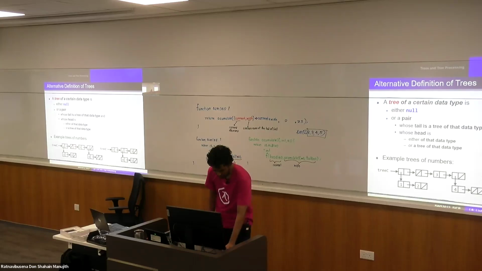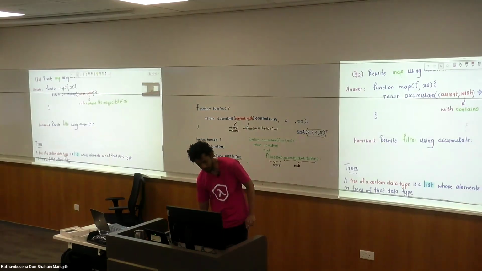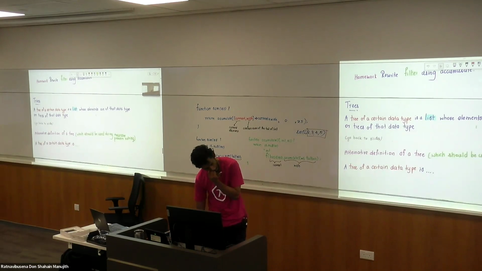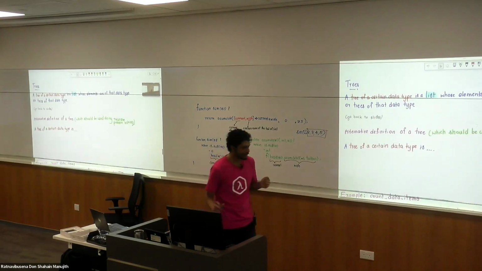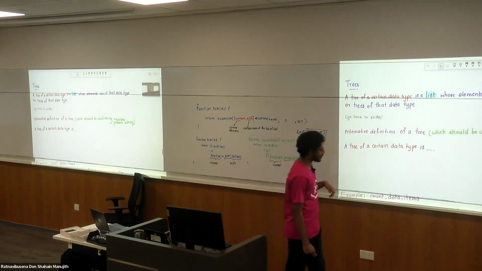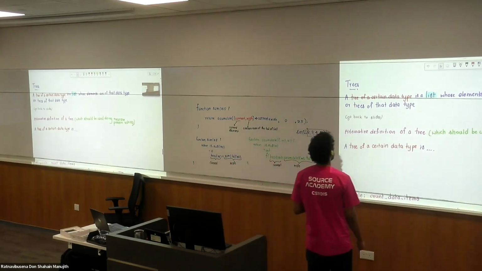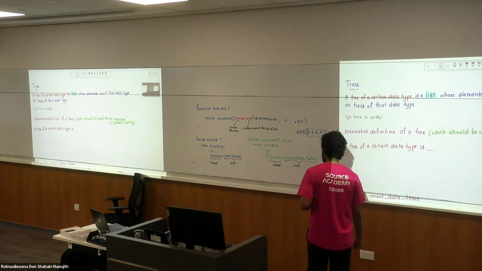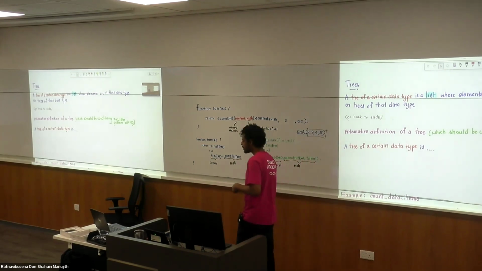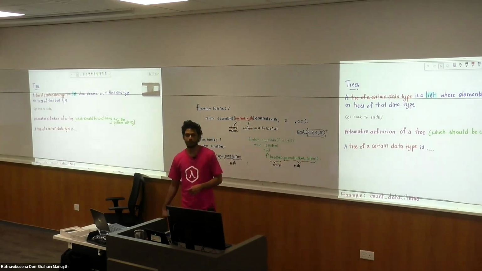Okay, so now we should go to something more important. Previously we had that a tree of a certain data type is a list whose elements are of that data type or trees of the data type. But you should not use this definition when you're trying to solve problems.